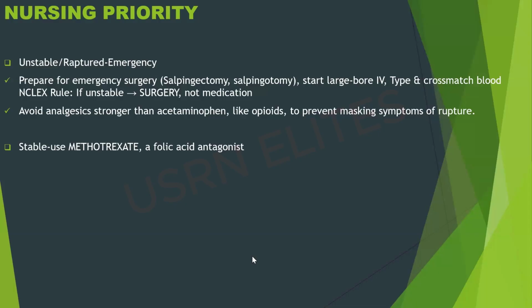So it means that whenever someone is taking methotrexate in ectopic pregnancy, please don't give folic acid. You don't want to do any counter management. You are suppressing growth. At the same time, you want to give medication to help growth. No. So know that methotrexate and folic acid, they are enemies to each other.